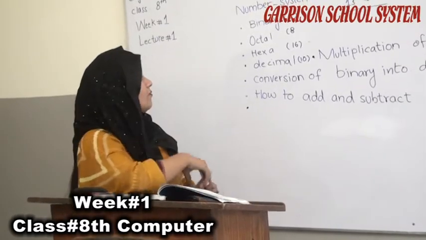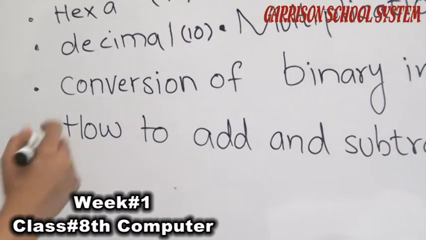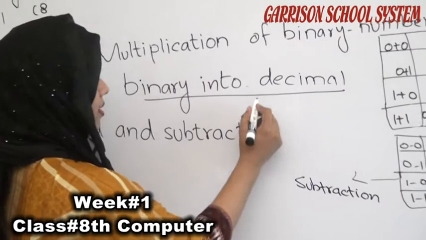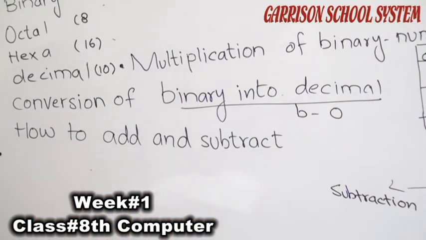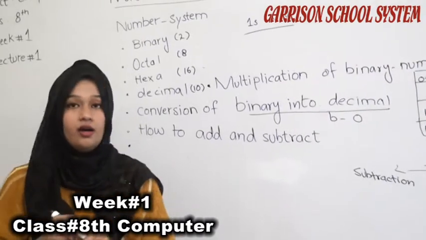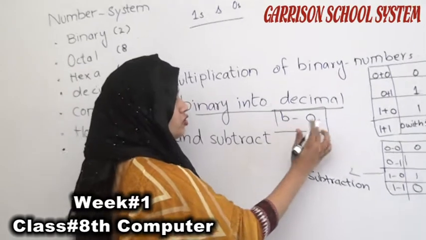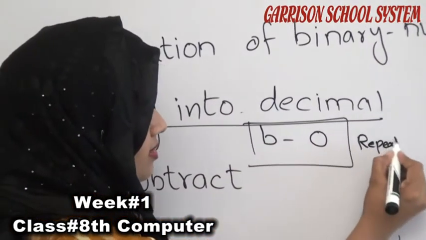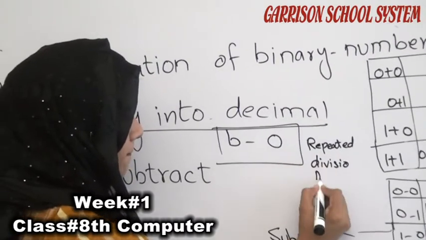Okay. When you convert binary into octal number system, you can use the repeated division method.